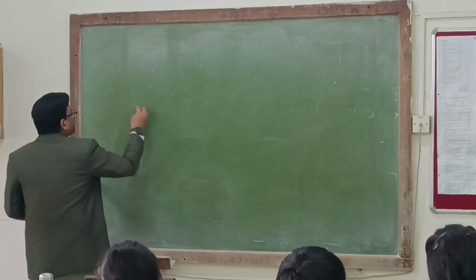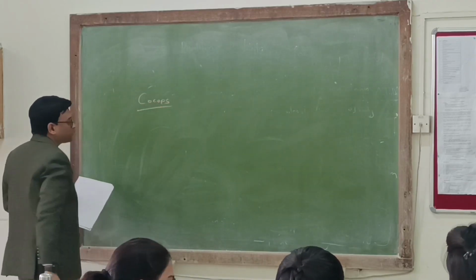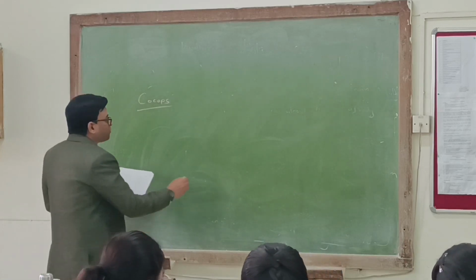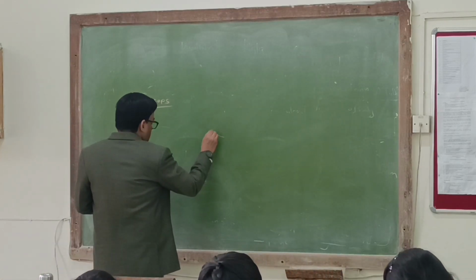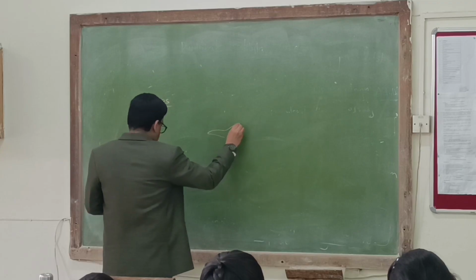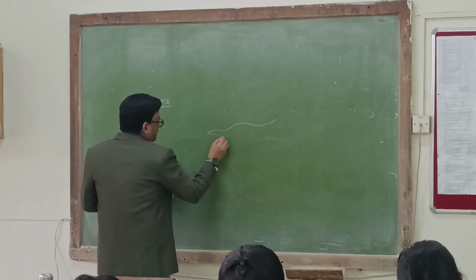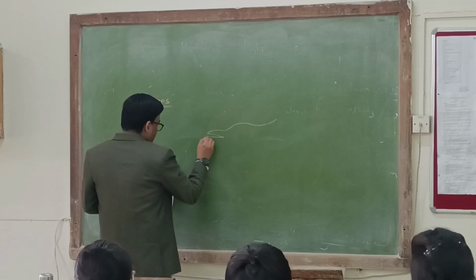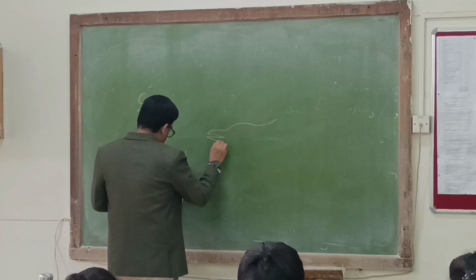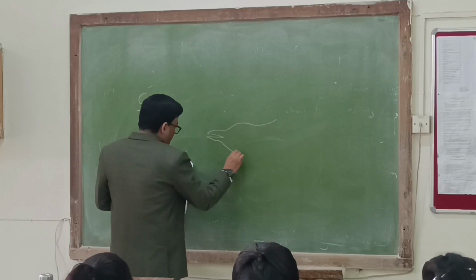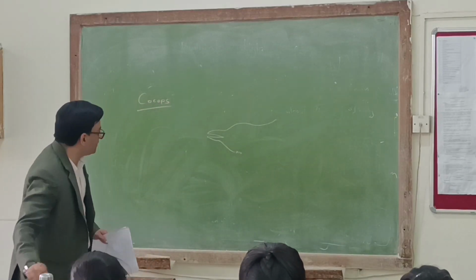So we will draw the Cacops. And this Cacops has labyrinthine teeth. That's why it is in the Labyrinthodontia, Temnospondyli. So it has got labyrinthine teeth.